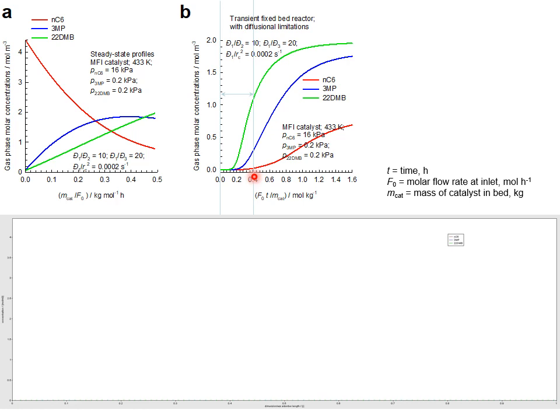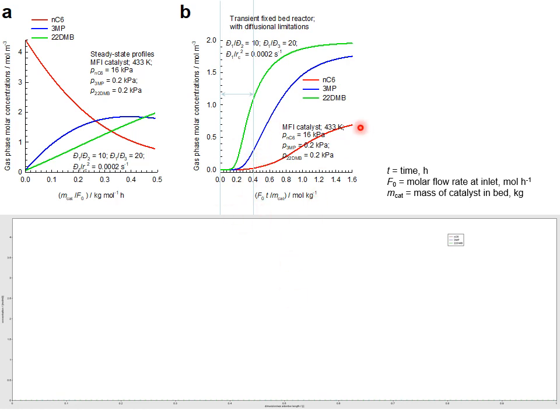And therefore, if we terminate the operations and recover the products at this time, then we will have the desired di-branched isomers 2,2-DMB and the monobranched 3MP as products. And this obviates the need for a separate separation step.